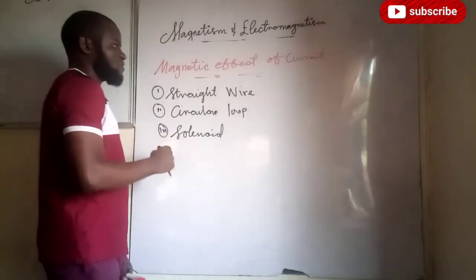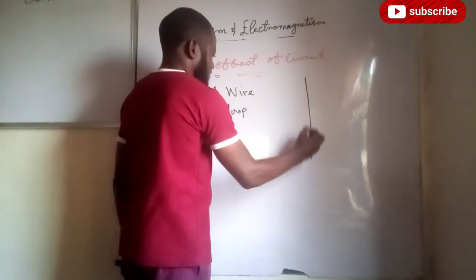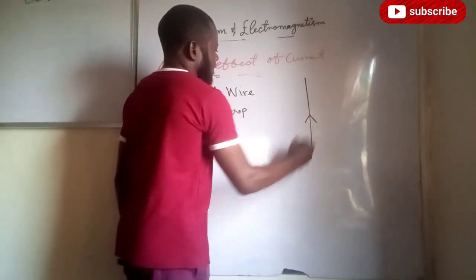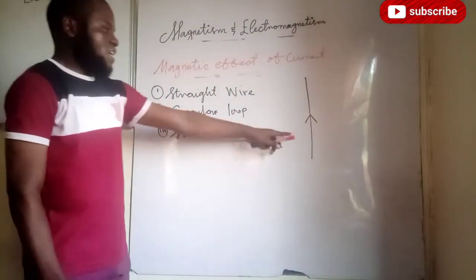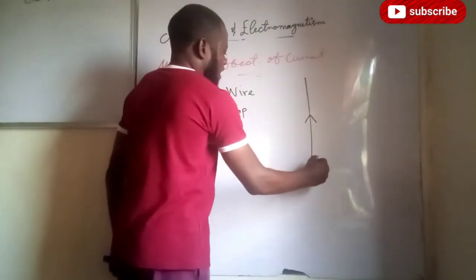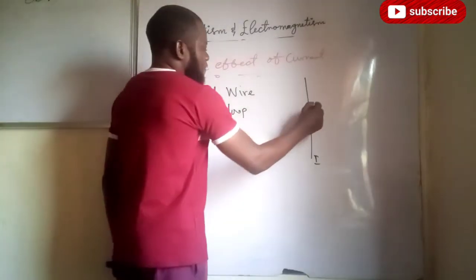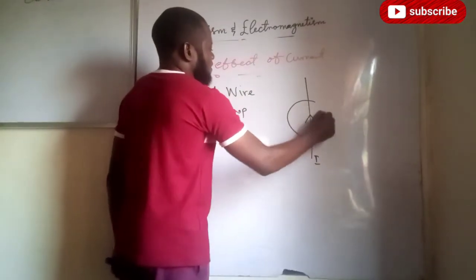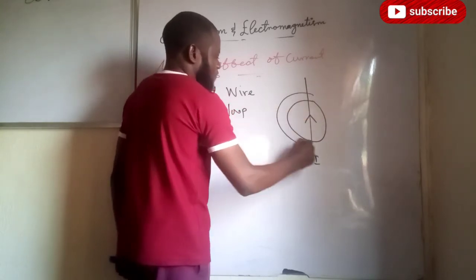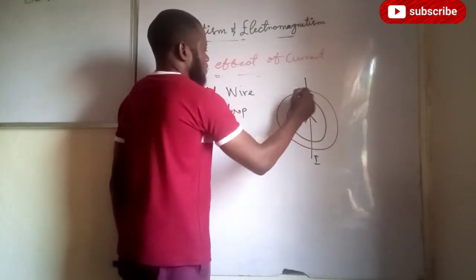When you talk about a straight wire carrying current, like this, if the current in this wire is moving in an upward direction, you are going to have the magnetic field around it in a circular form like this.